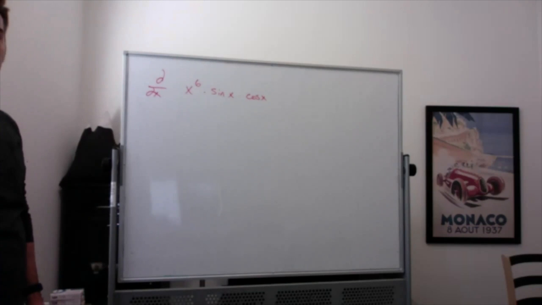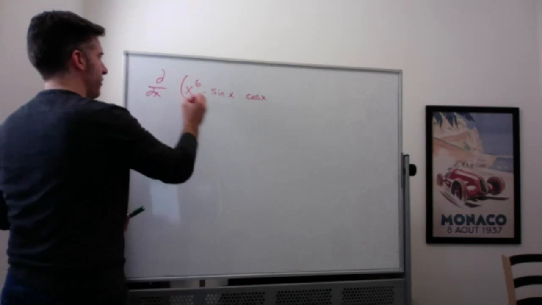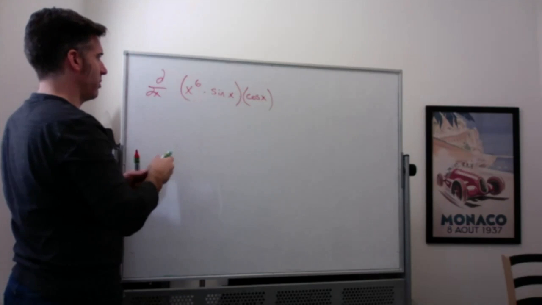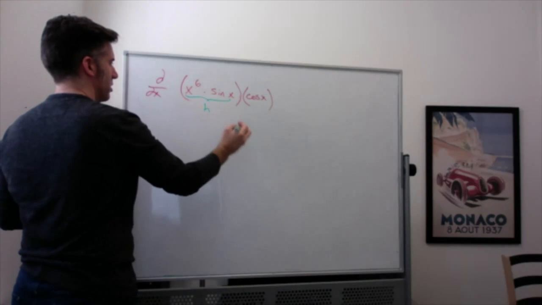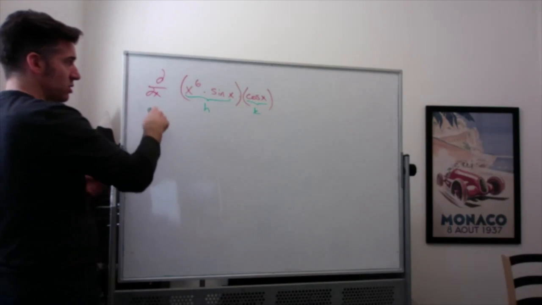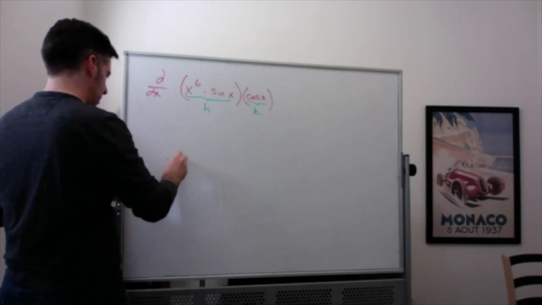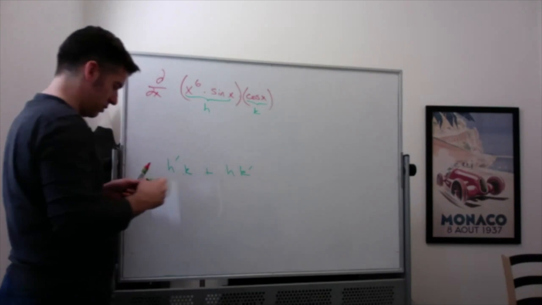And the way I'm going to think about this is by thinking of it as a product of two things. Here's my first thing. Here's my second thing. So I'm going to call this H. I'm going to call this K. So I know that using the product rule, the derivative should be H prime K plus H K prime, right?